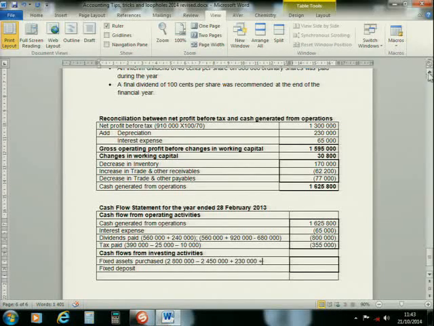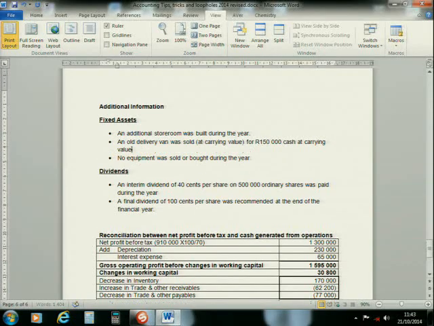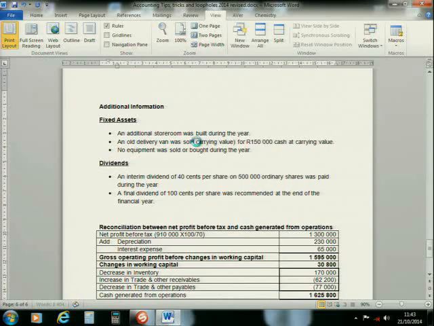Looking at the additional information supplied under fixed assets, an old delivery van was sold for 150,000 rands cash at carrying value.